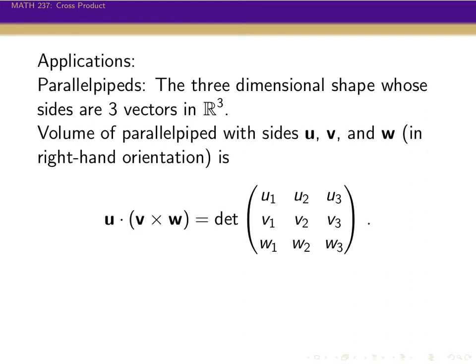And that's the same thing as doing the determinant, just a regular determinant where the first row is u1, u2, u3, the components of u, then v1, v2, v3, the components of v, and w1, w2, w3, the components of w. This u dotted with v cross w is what's often called the triple scalar product.